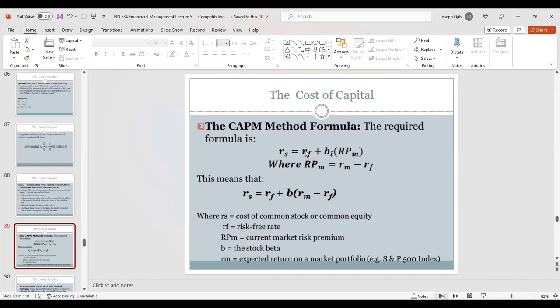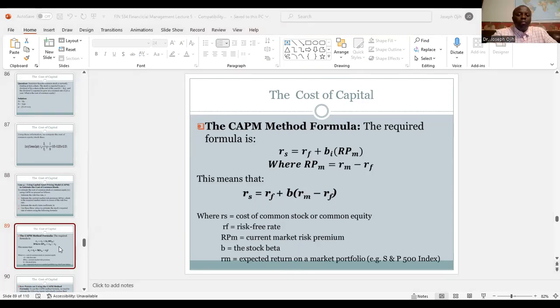Or you can use this one, r_s equals r_f plus beta times (r_m minus r_f), where r_m represents the expected return on the market portfolio, like the S&P 500 index. Depending on what you are given, if the question gives you the current market risk premium, use the first formula. If it gives you r_m, use the second one.